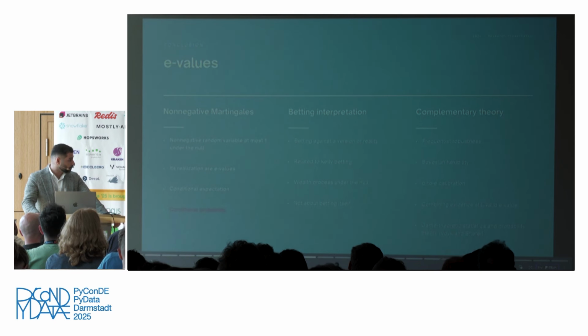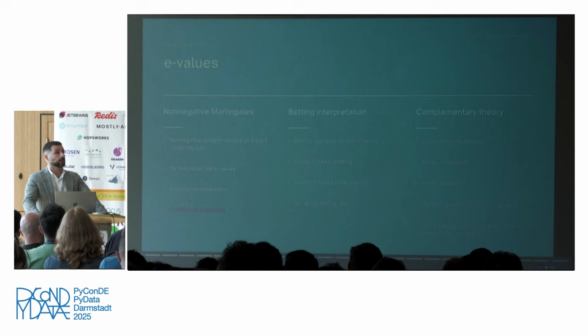Conditional expectation is about quantifying evidence against the null. So if we think about measure theory, you start from a probability perspective. Since this is based on a relatively new field, game-theoretic probability theory, you're starting from expectation.